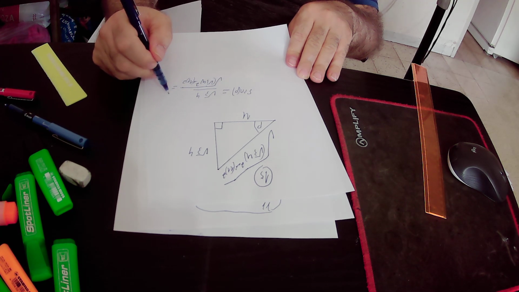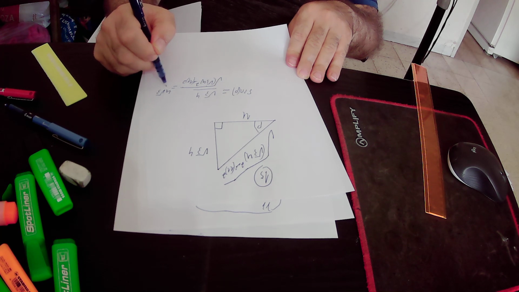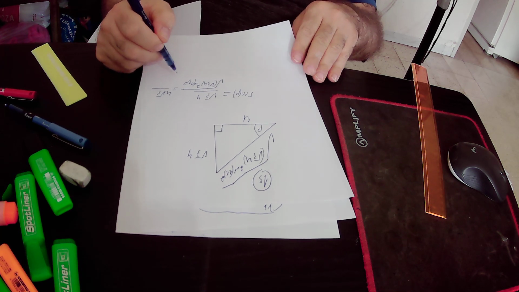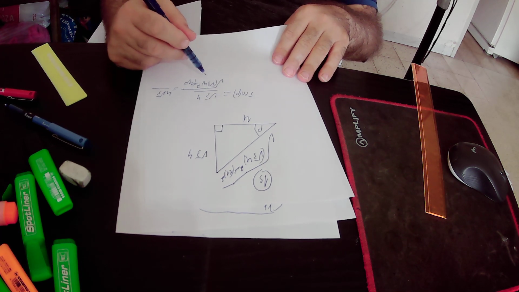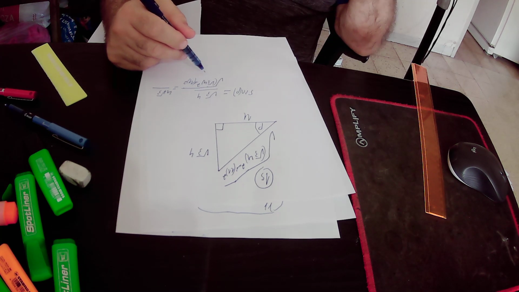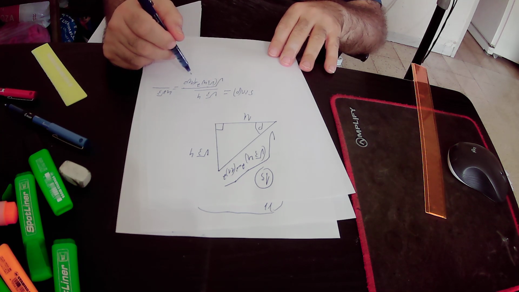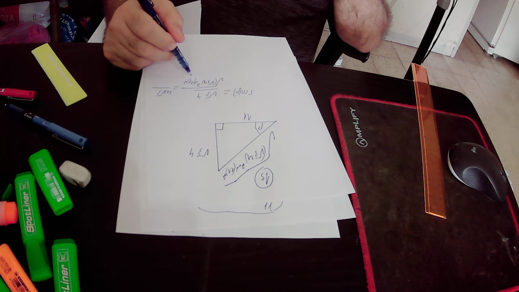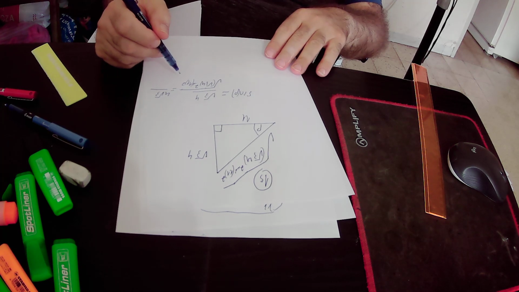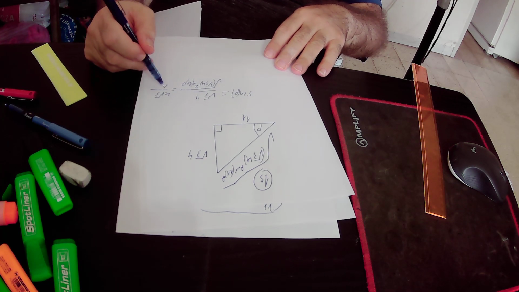That is equal to 4 times root 3 over the root of, here, root 3 times 4 squared is 48, plus 11 squared is 121, and 121 plus 48 is 169, and the root of 169 is 13.